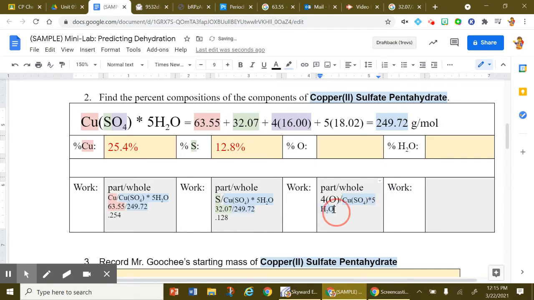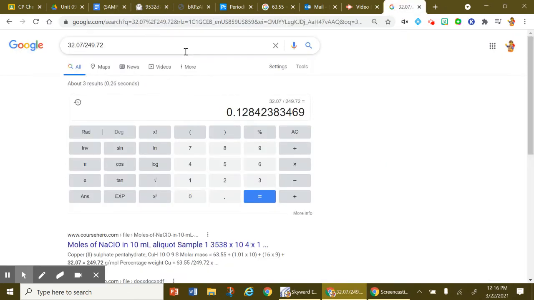Let me see if I can shrink this up and make it all fit. All right. Well, what's the mass of four oxygens? That's going to be 4 times 16 divided by the total molar mass, which is, as always, 249.72. I'm going to plug that into Google again and see what I get.